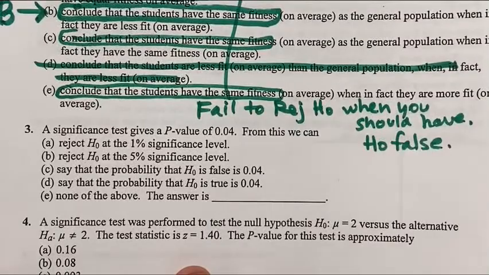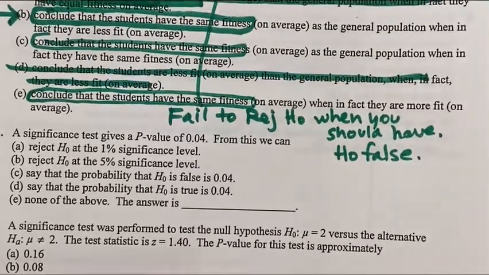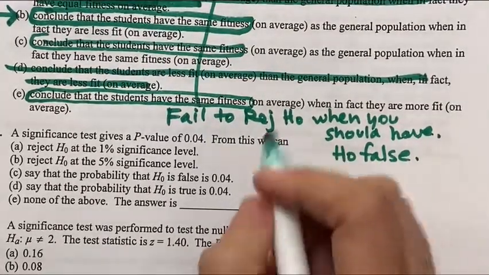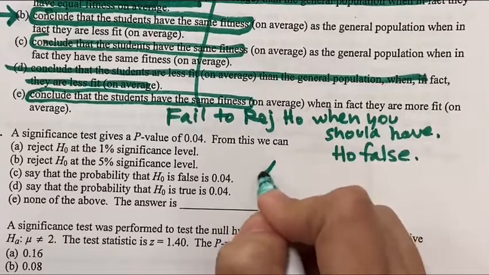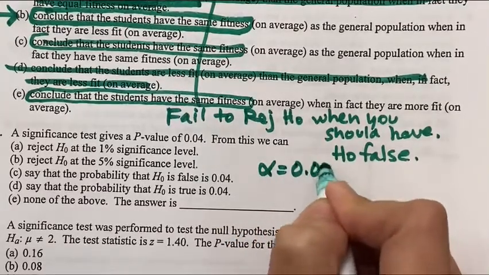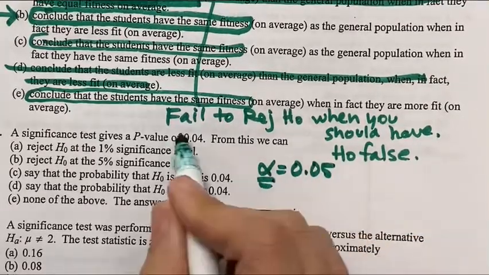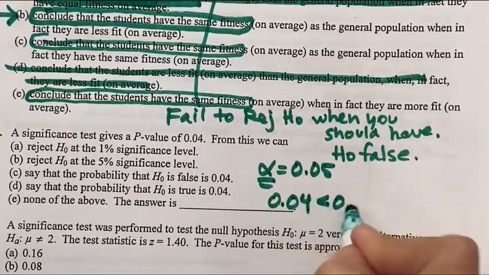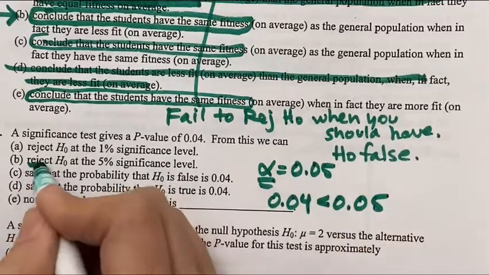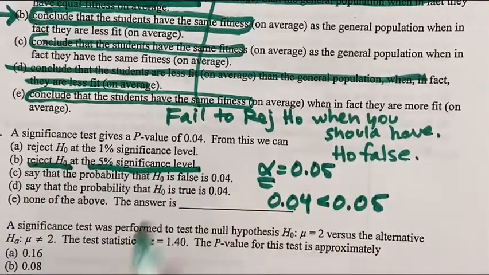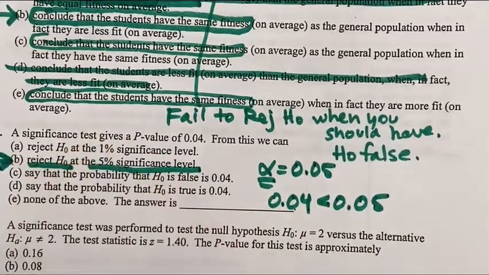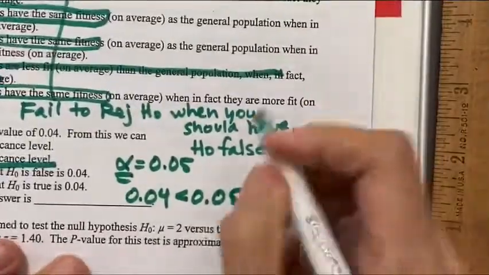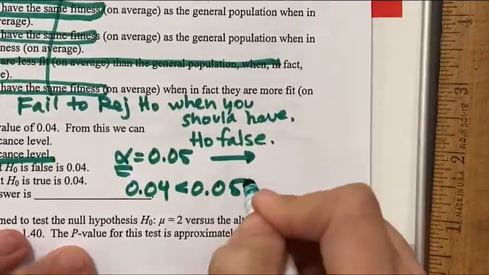Okay, let's keep moving. A significance test gives you a p-value of 0.04. What does that mean? Well, we assume alpha is 0.05, and we compare alpha to the p-value we get. So we see here that 0.04 is less than 0.05, so we would reject the null at the 5% level. What does A mean? Well, notice they could change this level of the test.